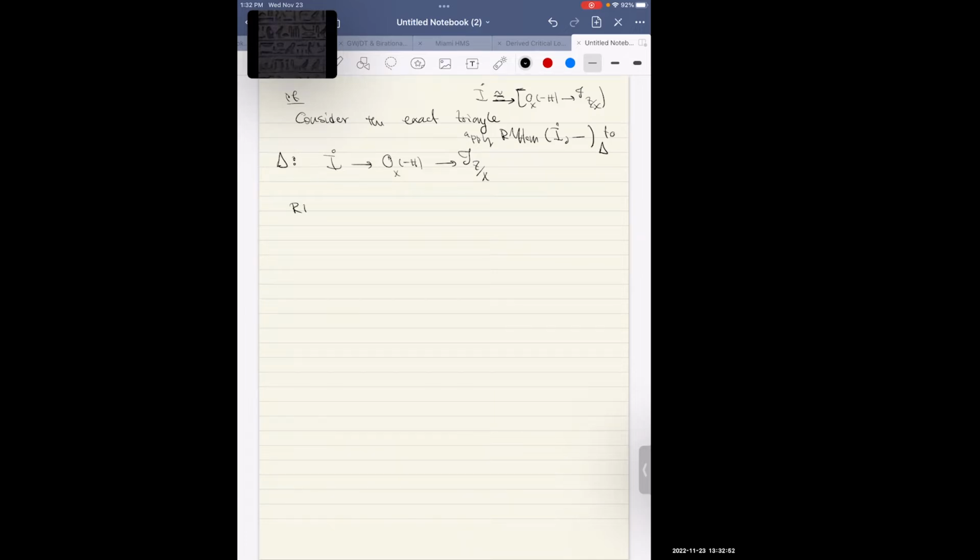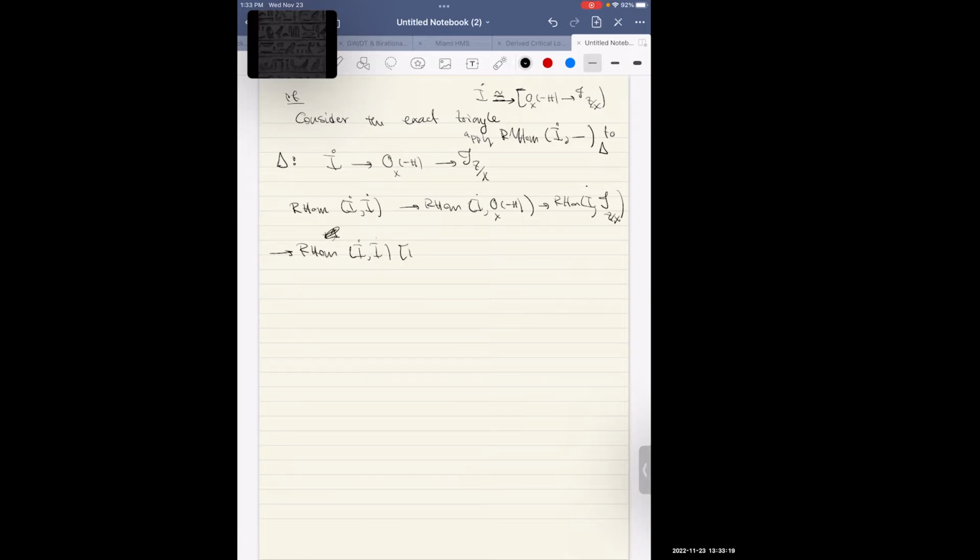If you apply that, you will get Hom(I dot, I dot), then Hom(I dot, OX minus H), then Hom(I dot, ideal sheaf), and then Hom with the shift by 1 of I dot.